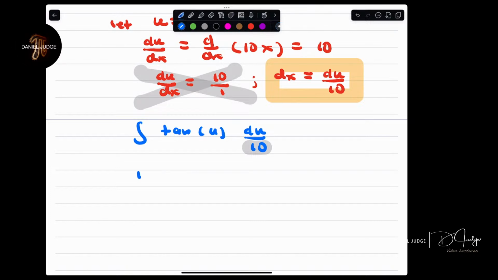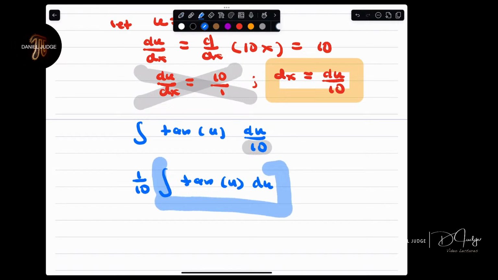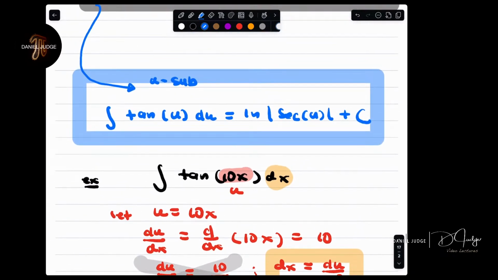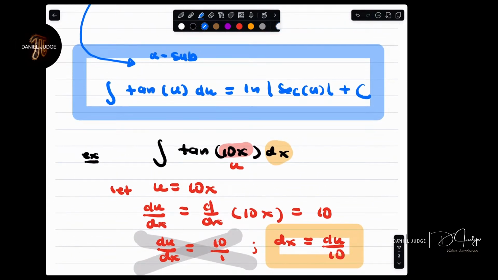And this becomes 1/10 integral tangent u du. So at this point, let's go back and remember, do we have a u sub formula for this?